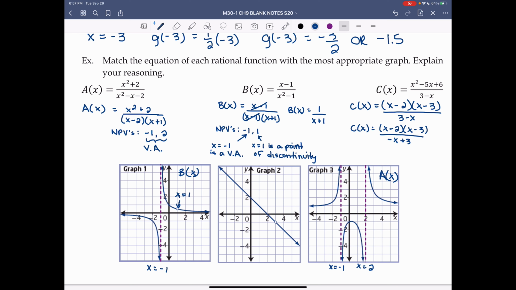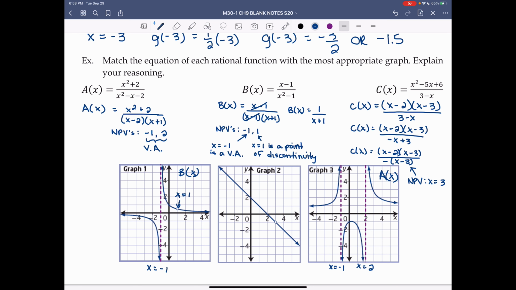And then I can factor out a negative from there. c of x equals (x minus 2)(x minus 3) divided by negative (x minus 3). Then I see that my NPV is when x minus 3 equals 0, which would be when x equals 3.